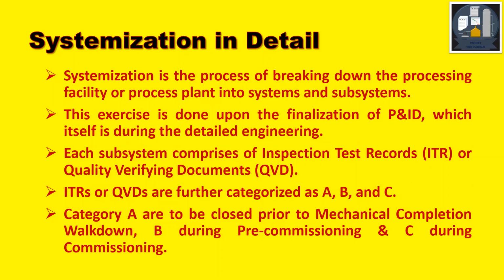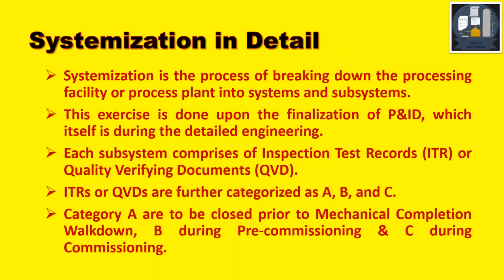Each subsystem comprises inspection test records, ITR, or quality verifying documents, QVD. It is either called ITR or QVD, depending on which completion sheet one is using. ITRs or QVDs, as they may be called, are further categorized as A, B, and C.